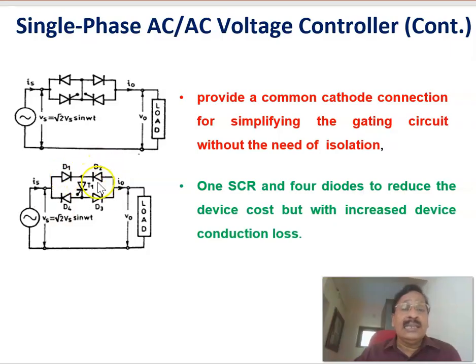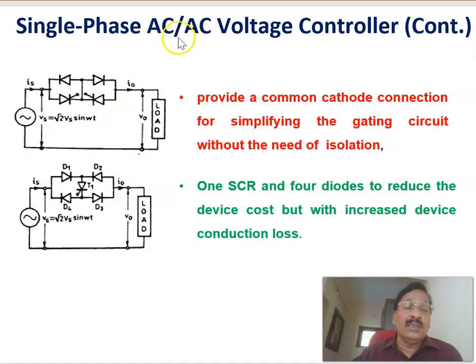Therefore, in this case, only one thyristor is used, whereas in the previous one two thyristors are used, but here four diodes are used. So one SCR and four diodes reduce the device cost, because rather than using two SCRs, only one SCR is used. Of course, the number of devices has now increased to five, whereas there it is four. Therefore, the conduction loss will be more in this case. This is another topology.